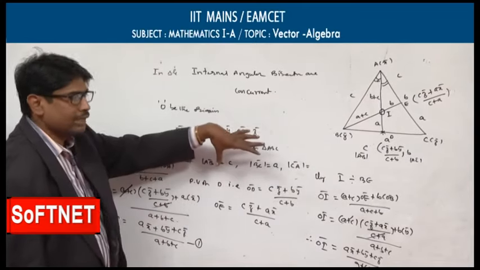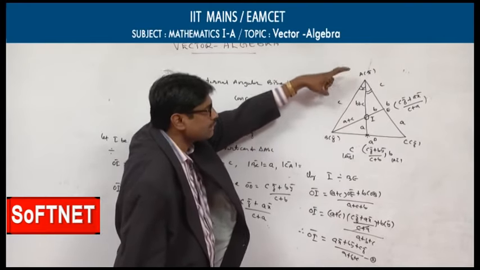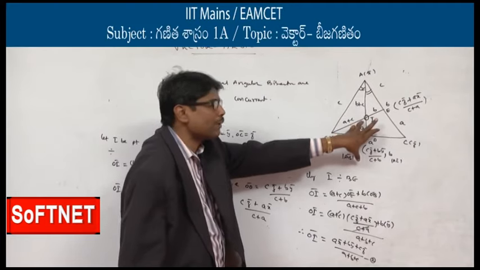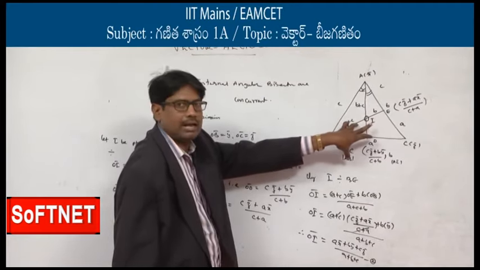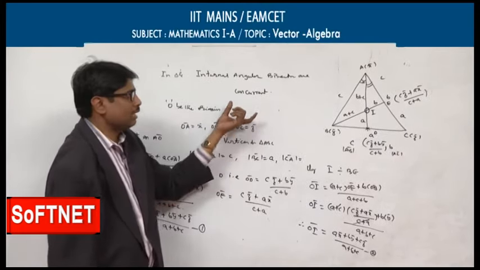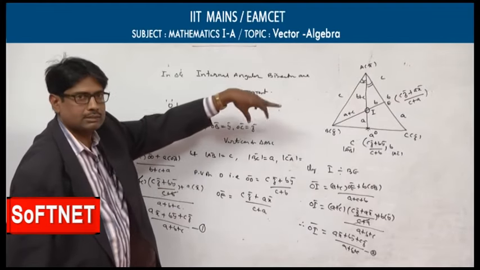And we concluded that there is a point I which divides AD and BE in some ratio, and their position vectors coincide. That point of concurrency of the internal angular bisectors we call the incenter. In the geometrical method we proved that internal angular bisectors are concurrent.